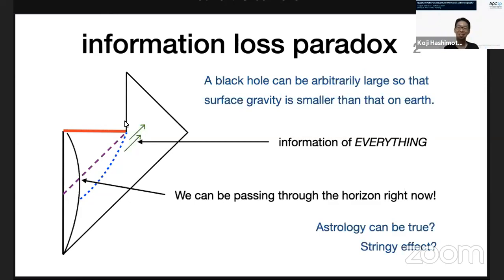I see. But there are several arguments against remnants. One is that with the holographic principle, the Bekenstein-Hawking entropy should tell you how much information you can keep inside the black hole. So if you have a tiny black hole with an arbitrarily large entropy inside, it's not allowed.